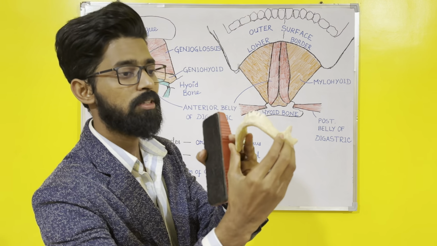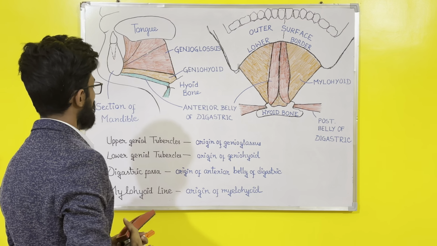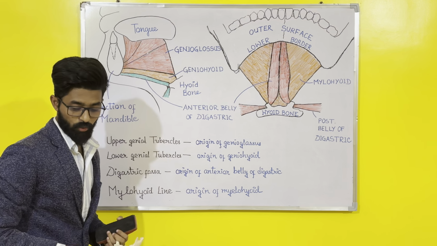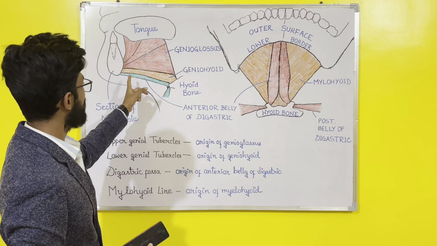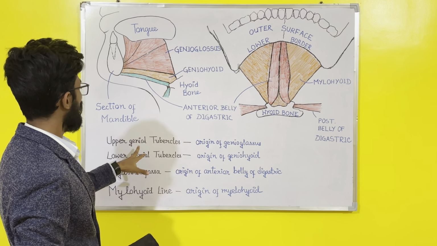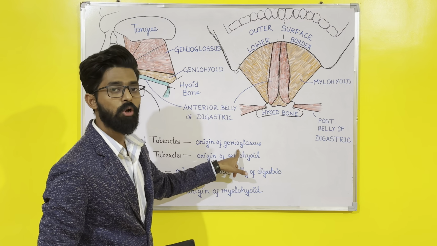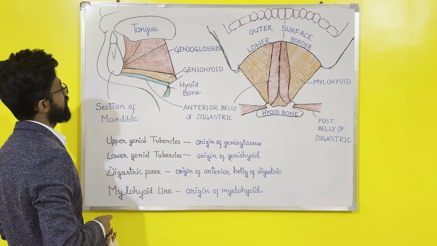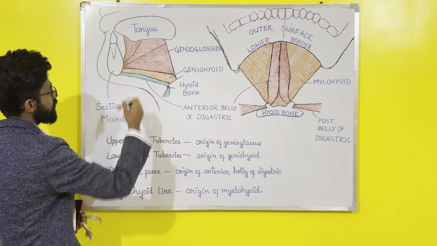Okay, this view. Okay, so first we are coming to upper genial tubercles. So if you remember that the genial tubercles are something that are present on the inferior aspect just behind the symphysis menti, right? So upper genial tubercles gives origin to the genioglossus muscle. Okay, so this one is the genioglossus muscle, this entire red muscle is the genioglossus muscle.